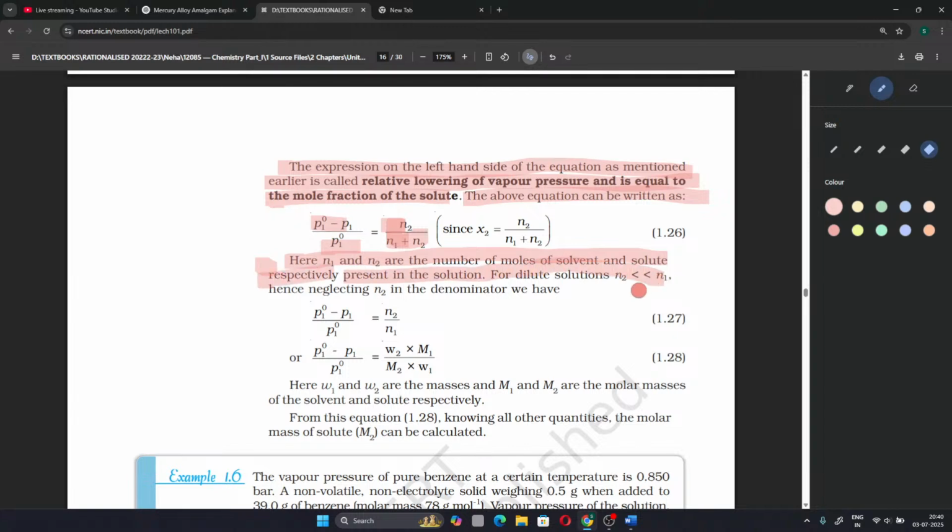For a dilute solution, N2 is very small compared to N1, so we can neglect N2, the number of moles of solute, in the denominator. Then we get N2/N1 = change in vapor pressure/original vapor pressure.